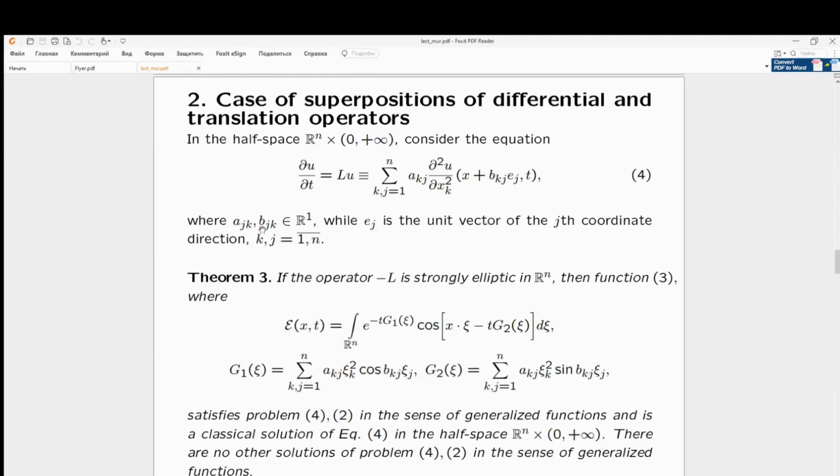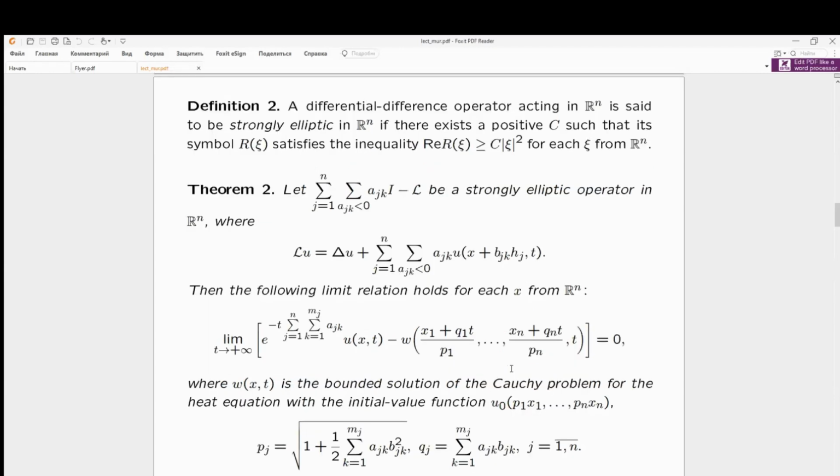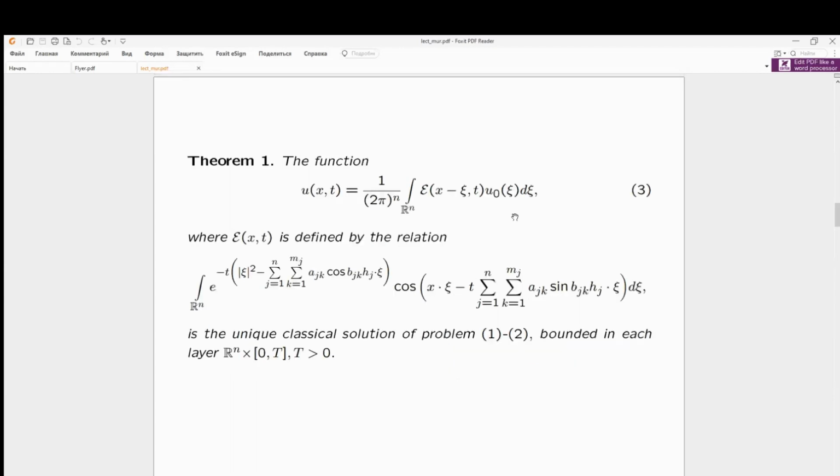Here ajk and bjk are again real coefficients. ej is the unit vector of the coordinate direction number j, and the integral representation of the solution is again 3.